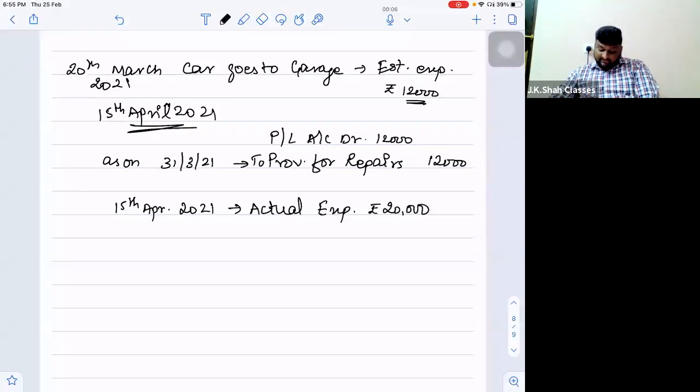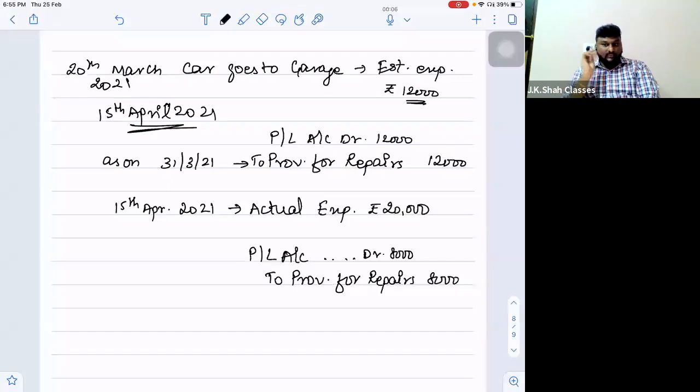Right? So to create a further provision, you will again pass a journal entry, P&L account debit 8,000 to provision for repairs 8,000. Right? So this further provision that you created is called as effect of change in accounting estimate.